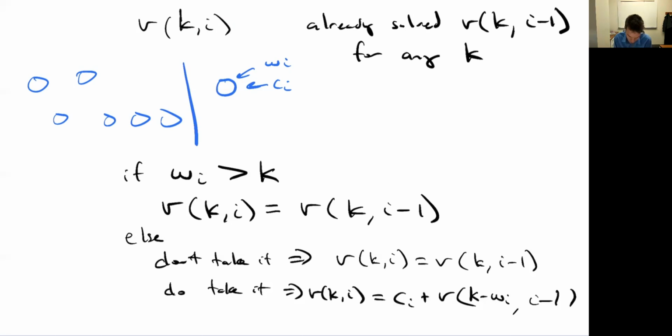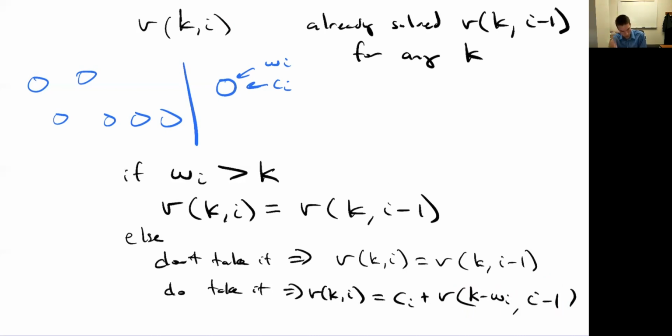So I just chose this item, so I get that cost, and it's the best I could do with the remaining items, which are I minus 1 items, right? And with a lower capacity, because I took this item C, so I've reduced my capacity by W. So I need to consider the best I could do, and remember, that's what V means, with that reduced capacity and one fewer item. So this is almost done with the algorithm.